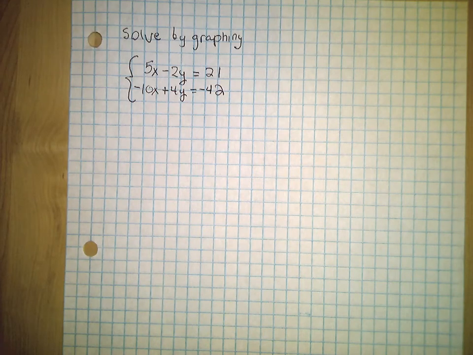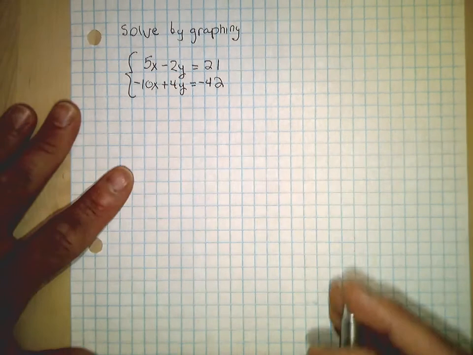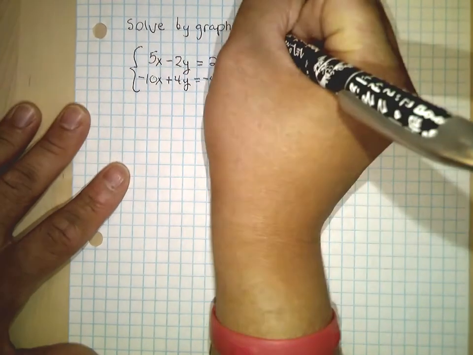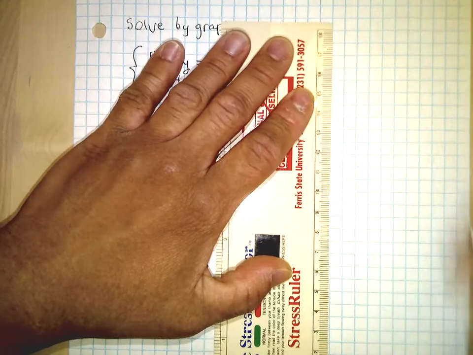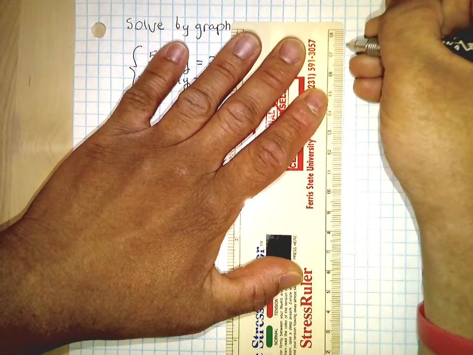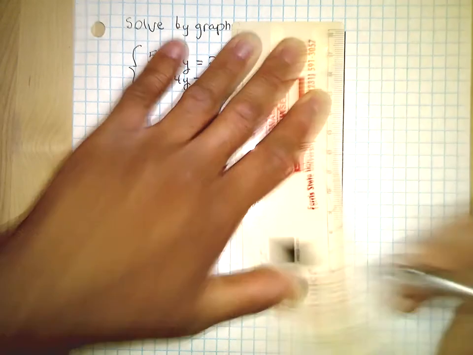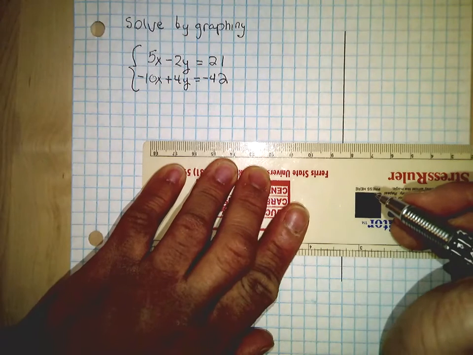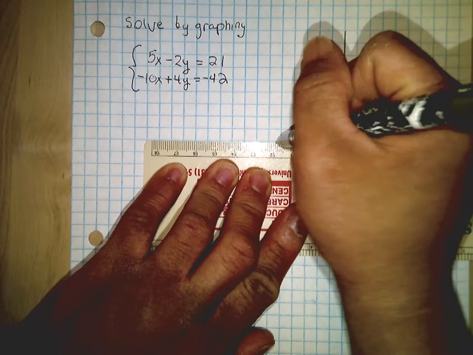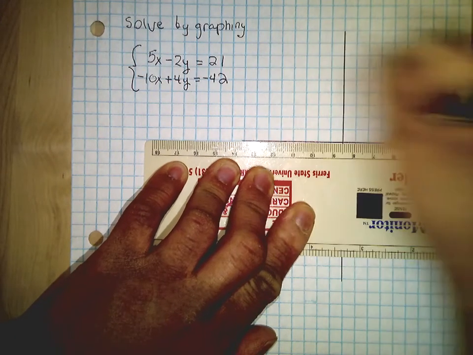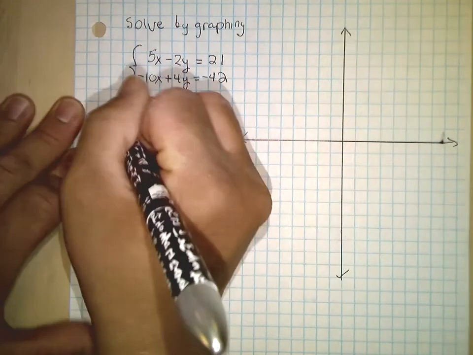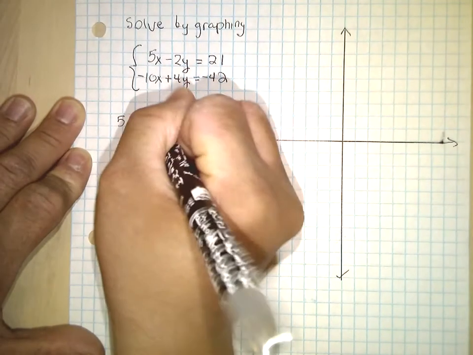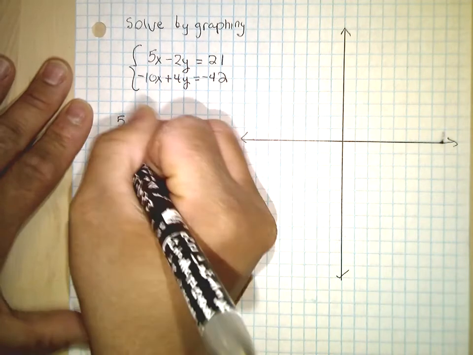All right, so let's see here. Now let's go ahead and graph each of these, but I'm going to set up my coordinate system here. All right, so 5x minus 2y is equal to 21.